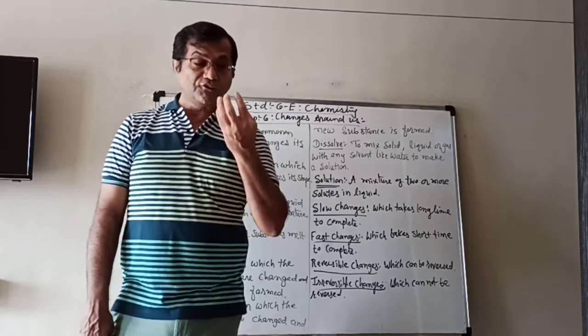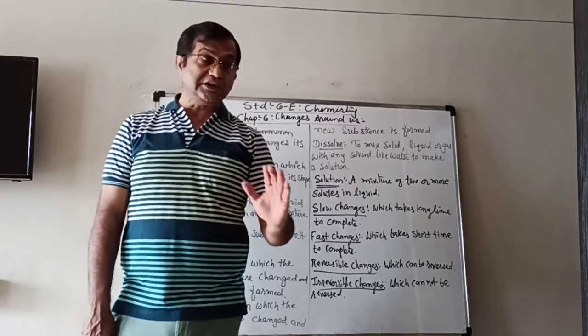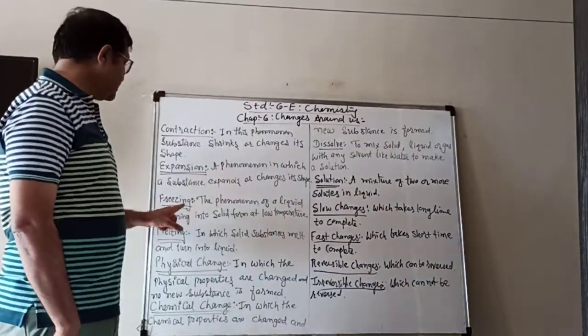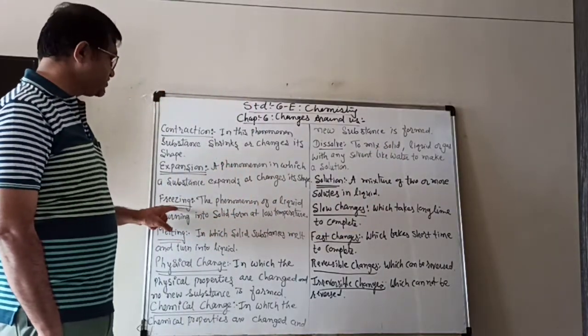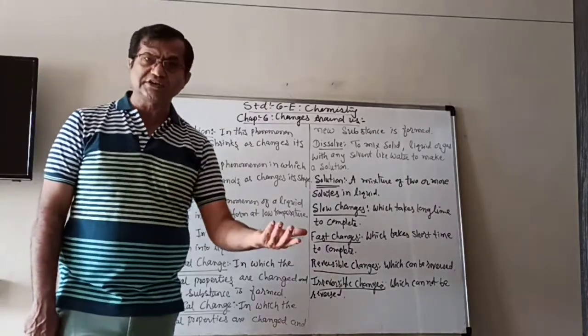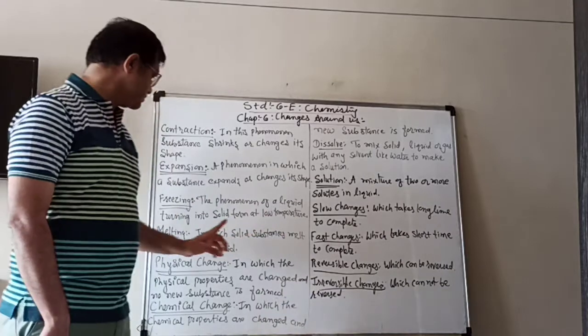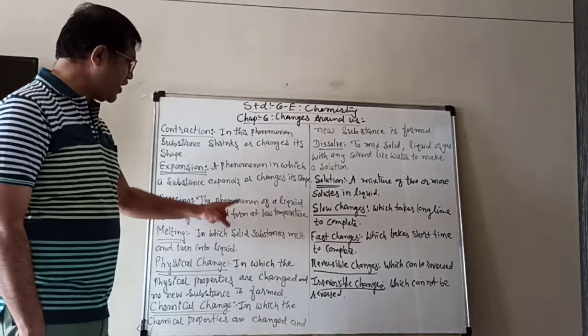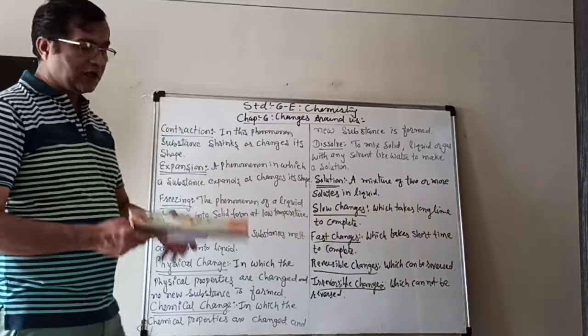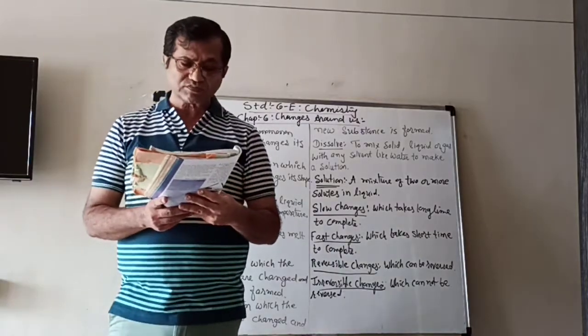It means that from liquid it turns into solid at a low temperature. That process is known as freezing. It is a change in state, from liquid to solid. So freezing is the phenomenon of a liquid turning into solid form at low temperature.